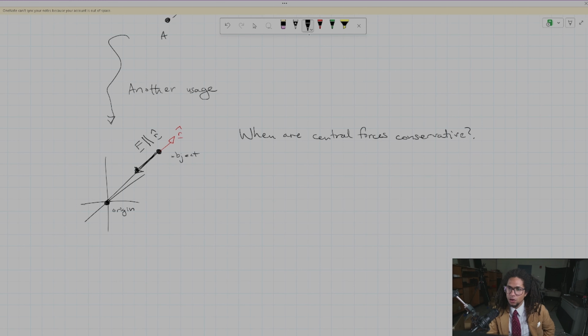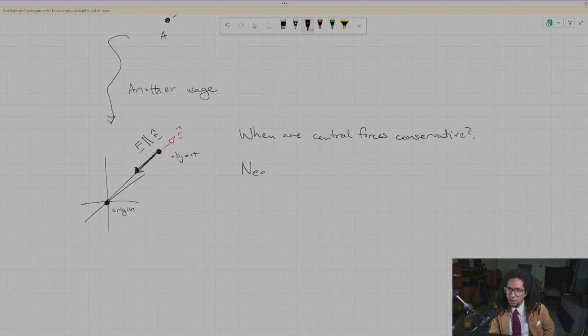Okay, so let's assume that we have a central force and try and figure out when it can be conservative. Well, what does it mean to be conservative? What it means to be conservative, as we proved last time, is that it's expressible as the negative of the gradient of some function. We call that function a potential energy for that force.